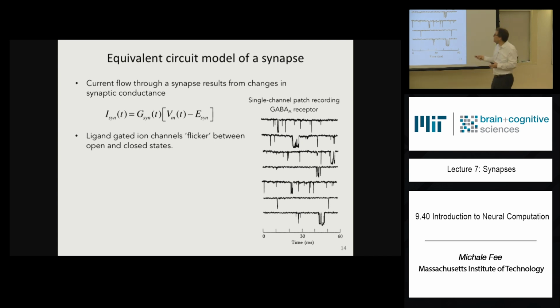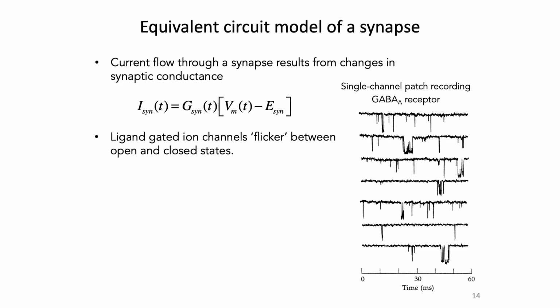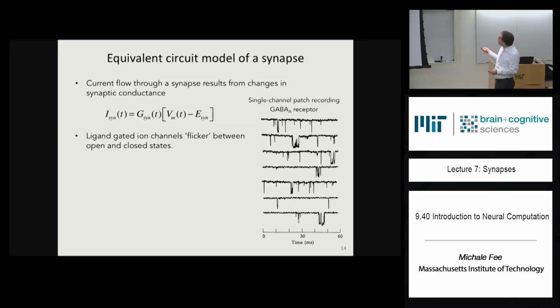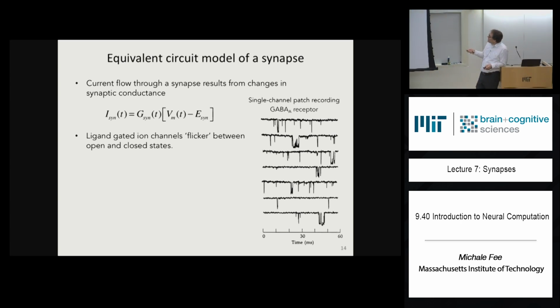Well, you can do the same thing on a neurotransmitter receptor. You can flow neurotransmitter over the receptor. And what you see is that when you put the neurotransmitter on, just like sodium and potassium channels, it flickers between an open state and a closed state. Okay?